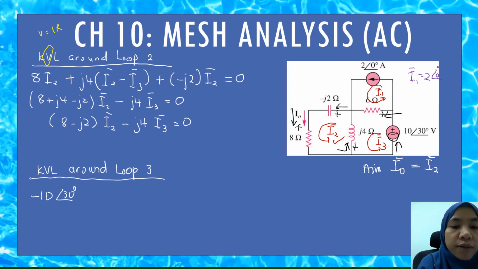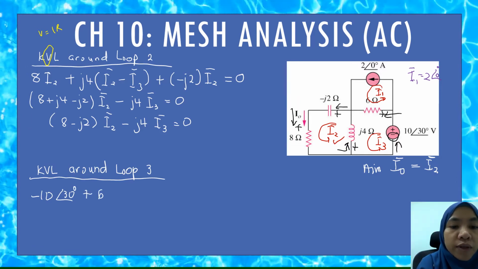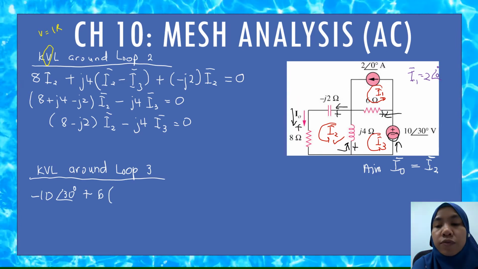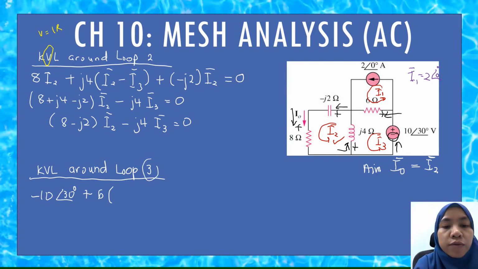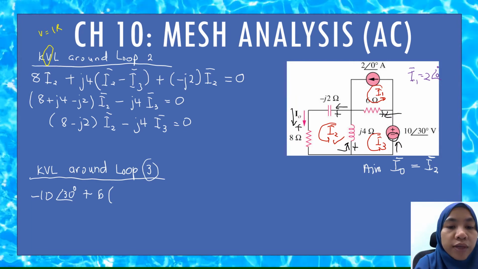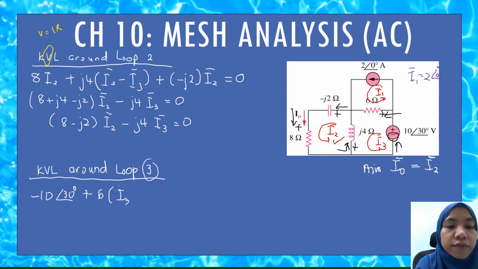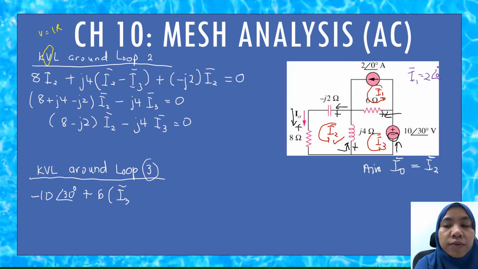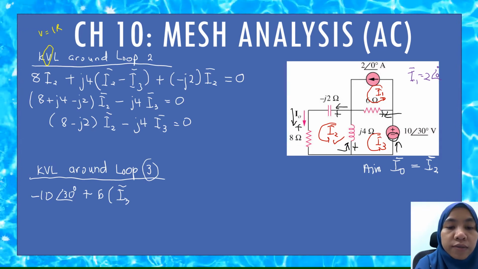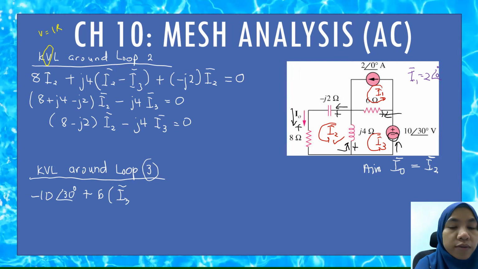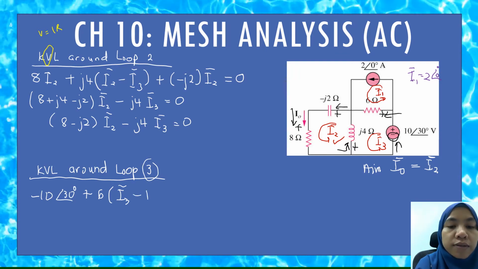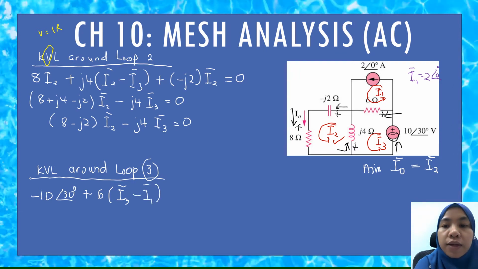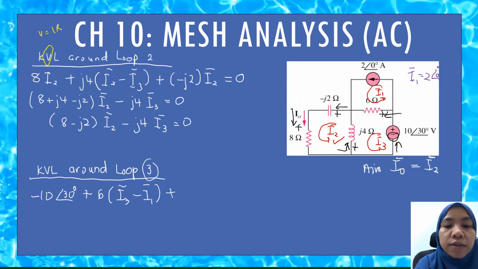Then this is plus 6 times, since we focus on loop 3 here, I3 minus I1, because the 6 ohm is shared between I1 and I3, so we subtract the opposite loop. And then we have a plus j4.